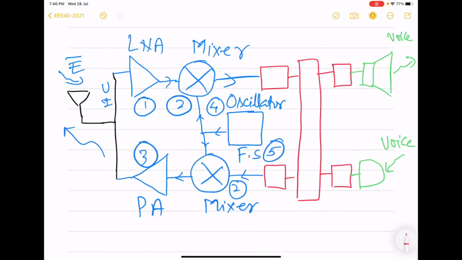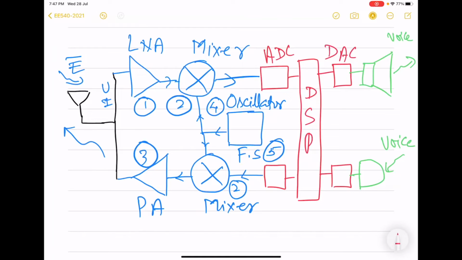In addition to this, we have here an analog to digital converter, and then a DSP block, and then finally a digital to analog converter, because the signal which should be fed to the speaker should be analog, meant to be produced in real life.